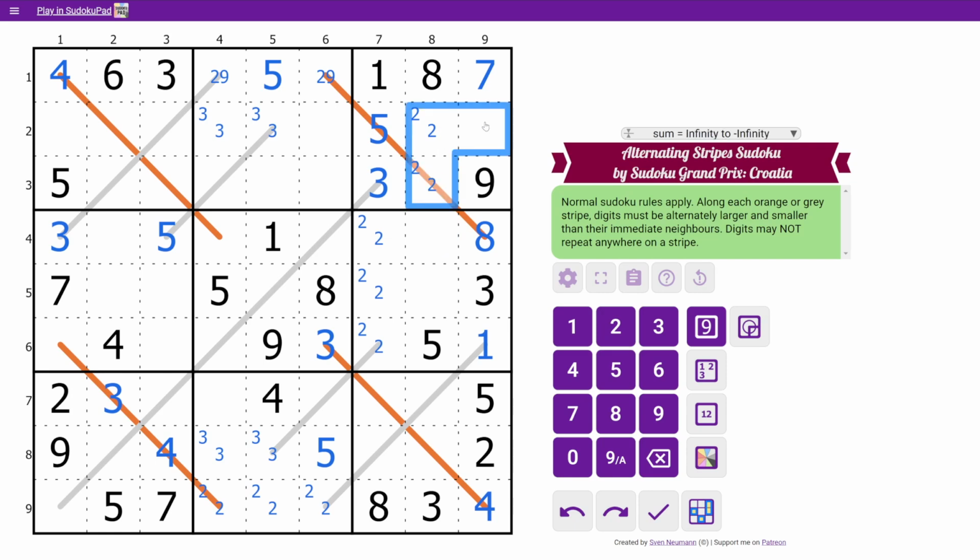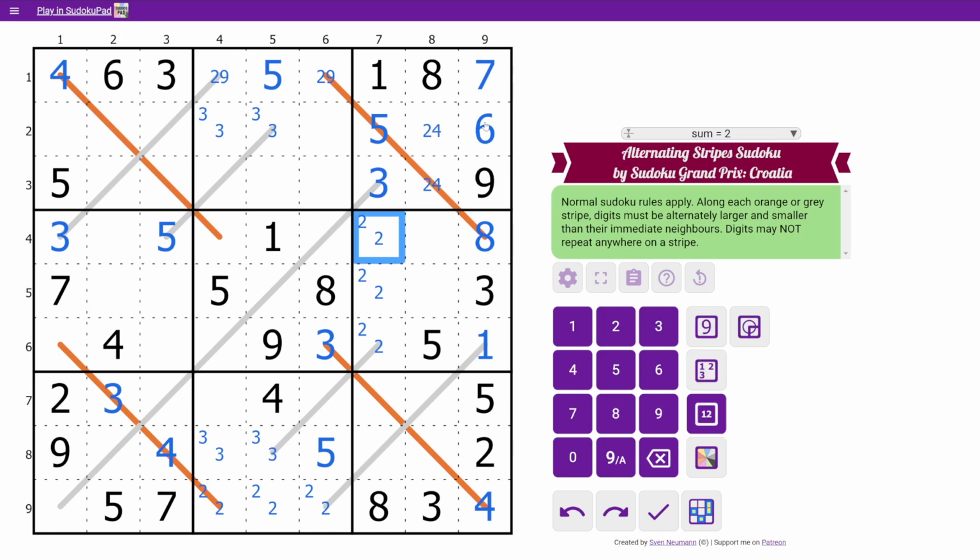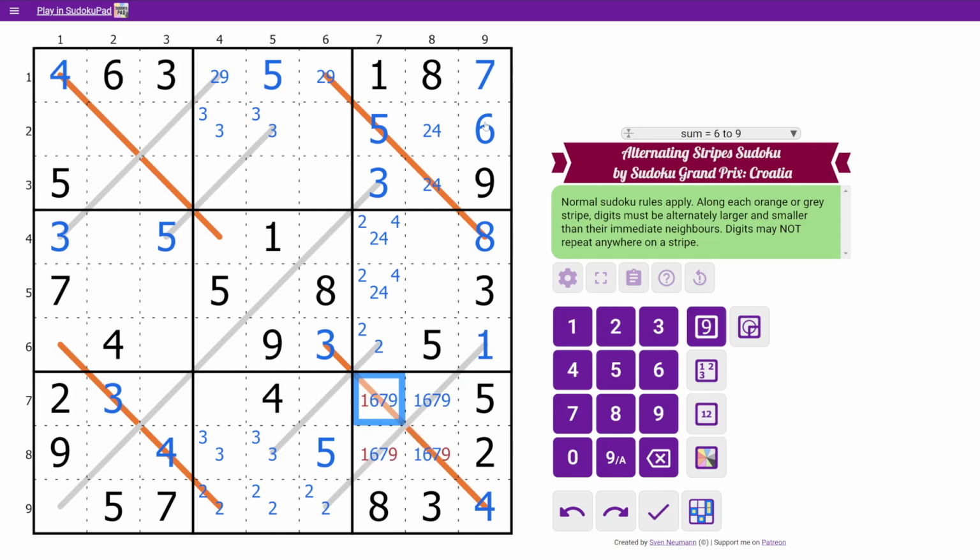2, 4, 5. Well, no, 2, 4, 6. This is only a 6. 4 goes here. This is a 1, 6, 7, 9.